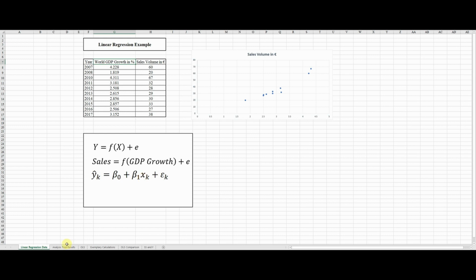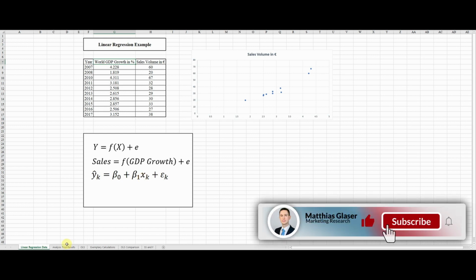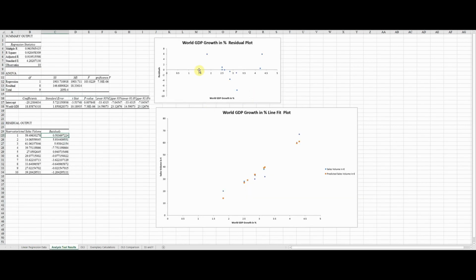Now, all statistical software programs let you calculate the regression easily. I did this here with Excel, but this is just for illustrative purposes because it gives you also a nice plot. So the blue data points are the observed sales volume, and the orange squares are the predicted values using a regression.